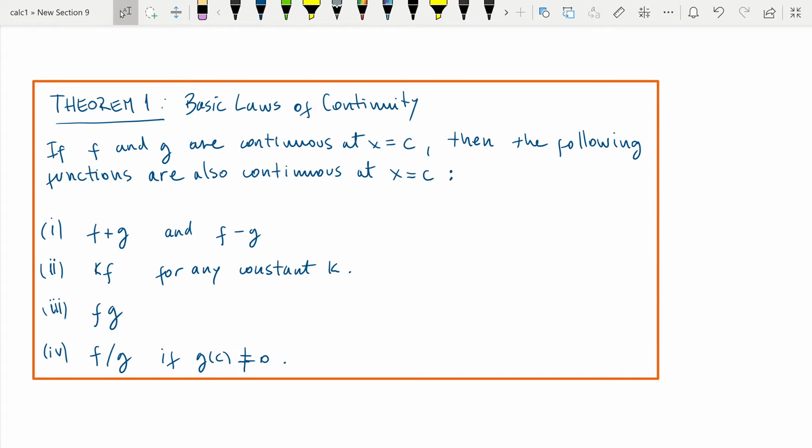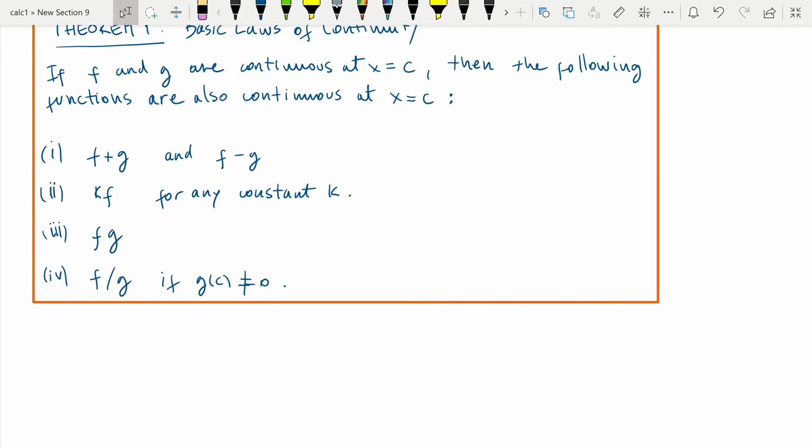So for instance, we know now that if f and g are continuous at a point c, then the sum and the difference of the two functions is also going to be continuous at the point c. And if you multiply a continuous function at a point c by some constant, then that is also continuous at the point c. The same holds for the product and for the quotient, as long as the denominator doesn't vanish. So this is very important, and you need to check.